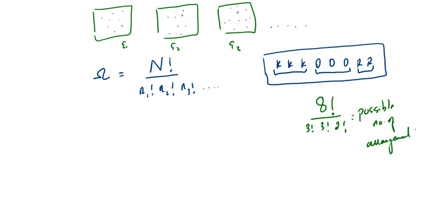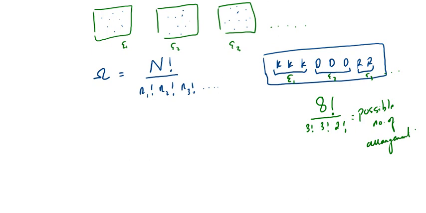Okay, so these are the possible number of arrangements in this case here. Now what we are doing here is basically looking at the compartmentalization, right? In this particular case, we could say this compartment is E1, E2, E3, and so on. So the number of possible microstates here is this, isn't it?